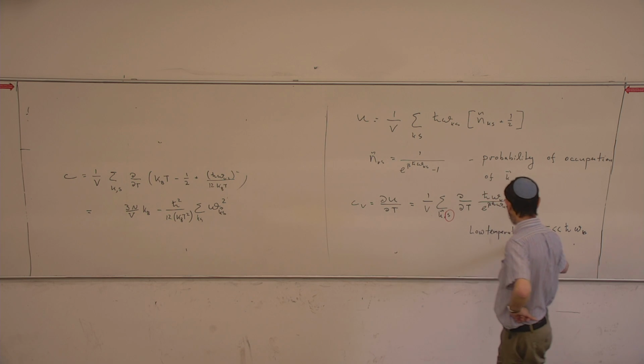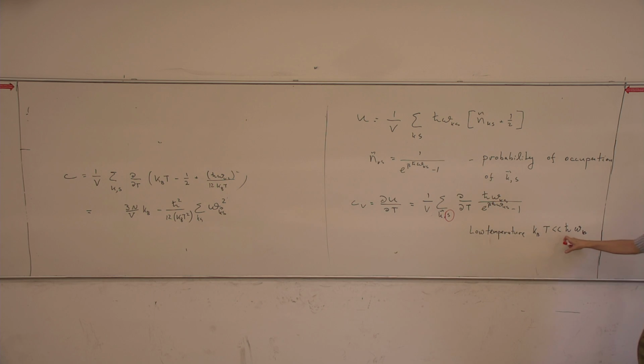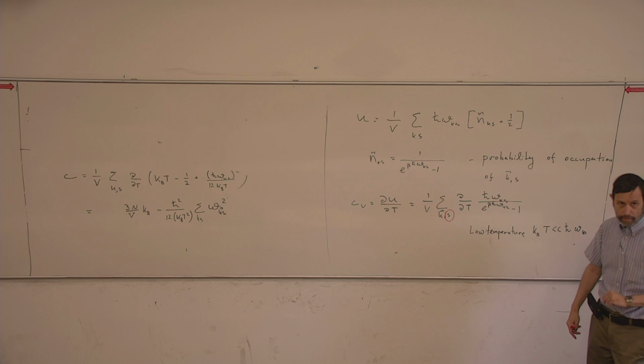If the temperature is very low, no optical mode could be excited just because you have to put a large h bar omega into them, meaning you'll never have enough energy at low temperatures to excite them. Therefore, their occupation is zero, therefore they're not in the game.